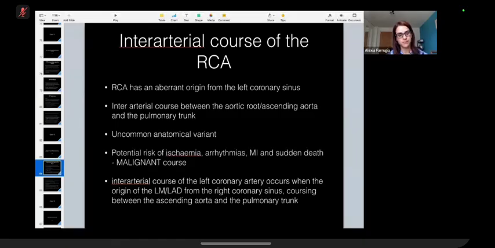It's quite uncommon, thankfully. But there's a potential risk of ischemia, arrhythmias, myocardial infarction, and sudden death. And you can have an interarterial course of the left coronary artery as well, when the left main or the LAD originates from the right coronary sinus, and again coursing between the ascending aorta and the pulmonary trunk.